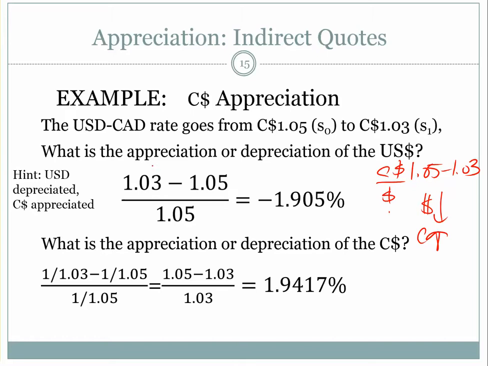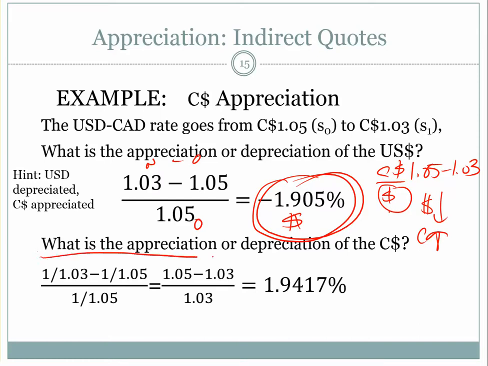If I take new minus old over old, it would tell me what happened to the numerator currency, the US dollar. So the US dollar is down 1.905%. So for Canadians getting a hotel in Buffalo, New York, the price just fell by 1.905%.